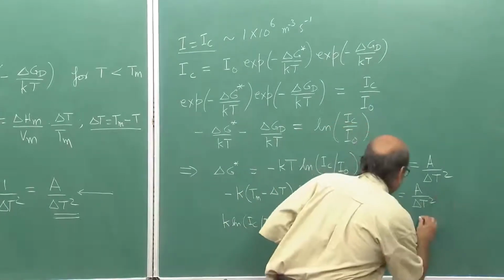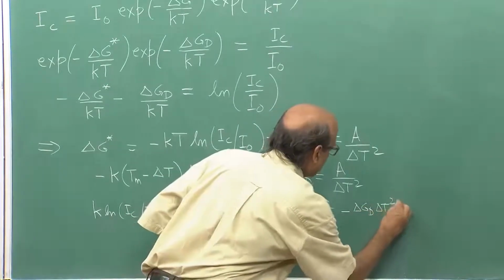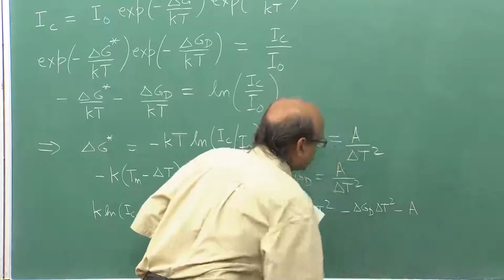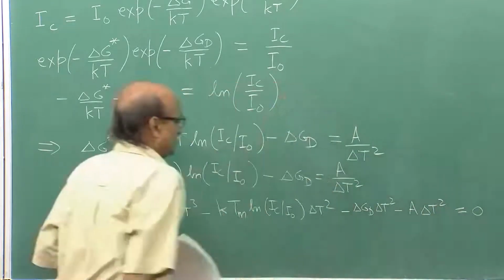Then I will have minus delta GD times delta T square minus A, the constant, times delta T square equal to 0.